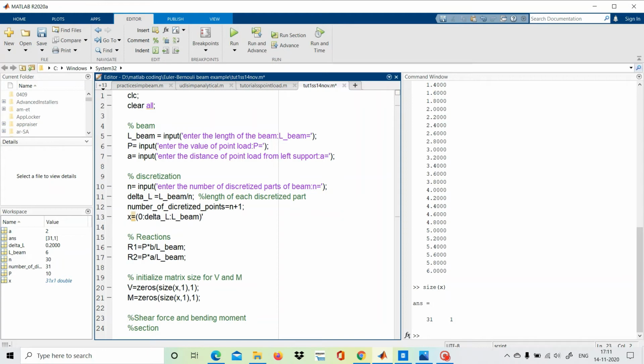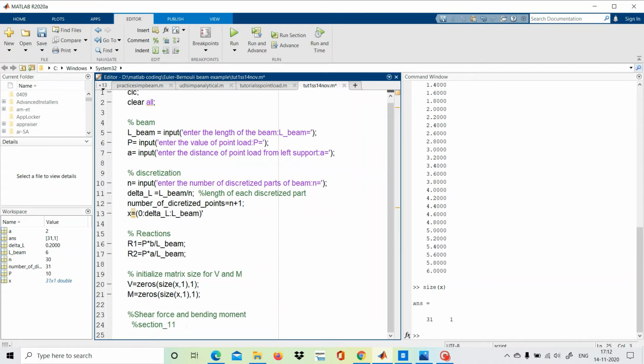So we are going for the shear force and bending moment, and for that section 1 is the first section. For ii equals 1 to n plus 1, we are writing a loop.